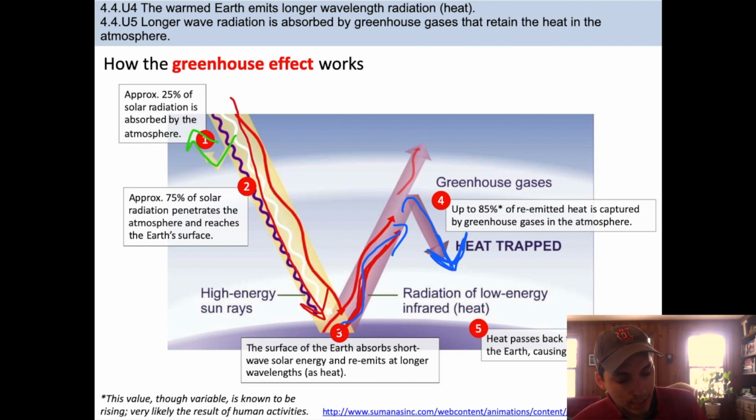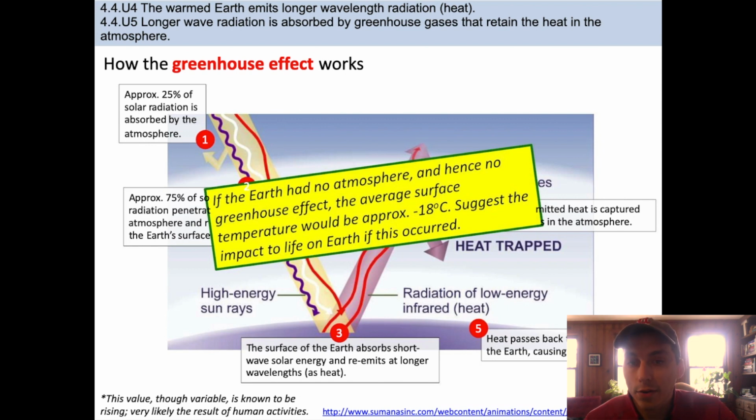However, the more greenhouse gases there are present up in this layer, the more heat is going to be trapped. So by adding greenhouse gases such as methane and carbon dioxide, we are increasing the amount of heat that is trapped, which is what is causing the climate to change over time. So we're changing the amount of heat that stays in the atmosphere, which means that we're also going to be changing the climate.